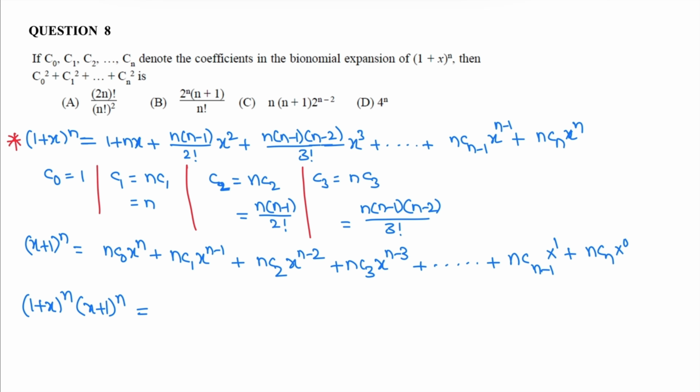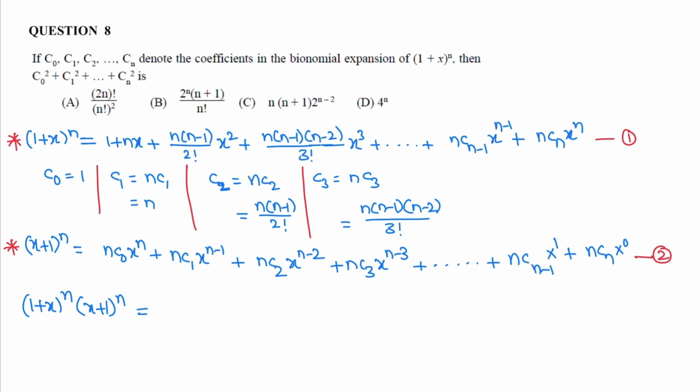Similarly, the expression for (x plus 1) whole power n is nC0 x power n plus nC1 x power n minus 1, nC2 x power n minus 2, and so on, nCn x power 0. Let the first be equation 1 and this be equation 2.